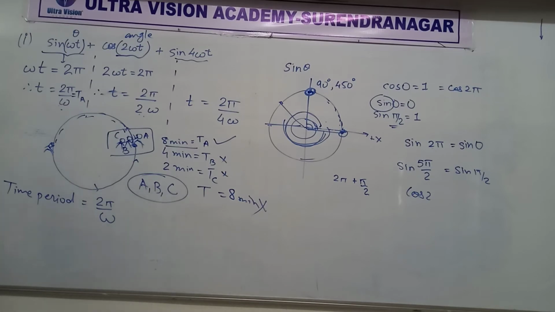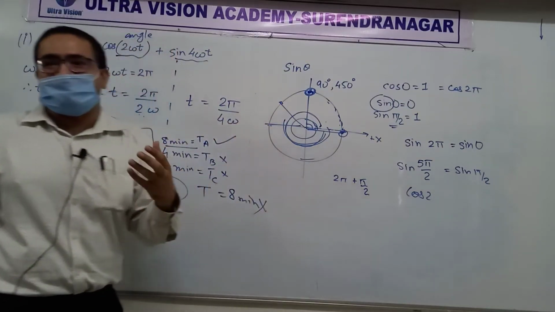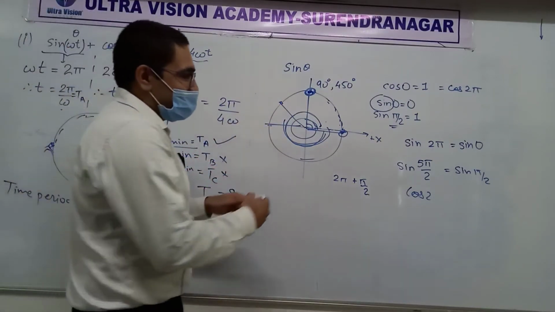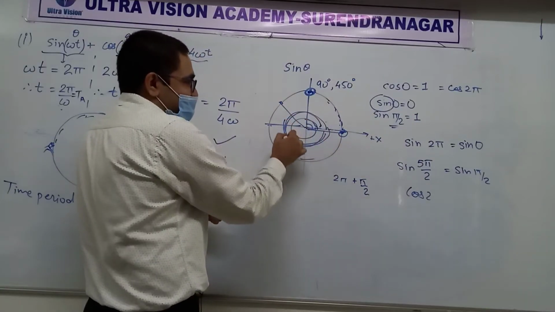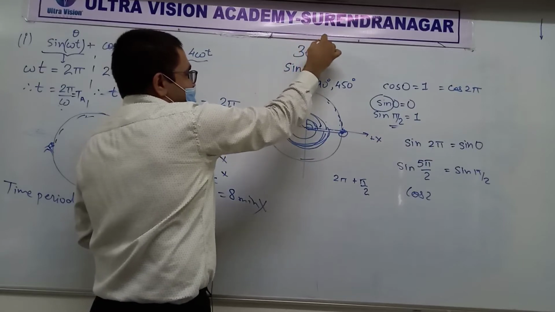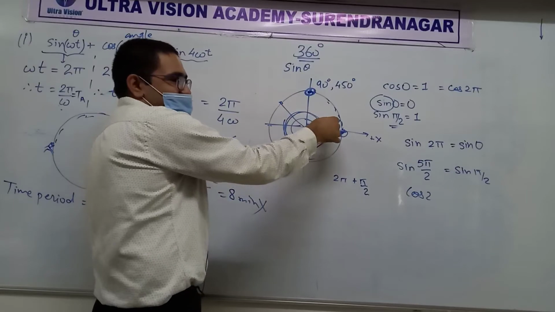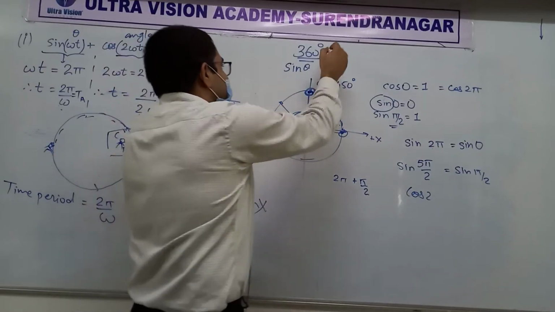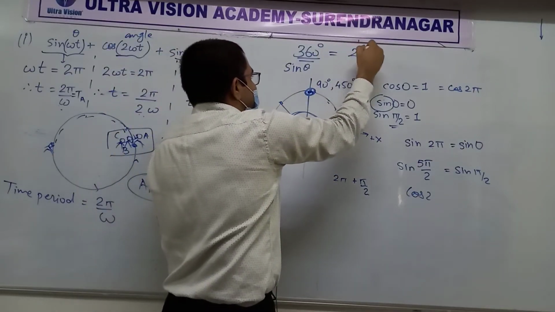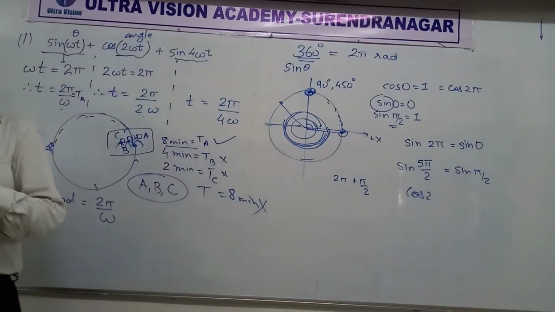Okay, we have had a question about why we are taking 2 pi only, why not 3 pi? Or why not only pi, or why not anything else? Reason is simple. A complete circle in angle is completed at 360 degrees, isn't it? One complete rotation around is 360 degrees, and 360 degrees in radian is 2 pi radian, isn't it? 180 degrees is pi radian and 360 degrees is 2 pi.